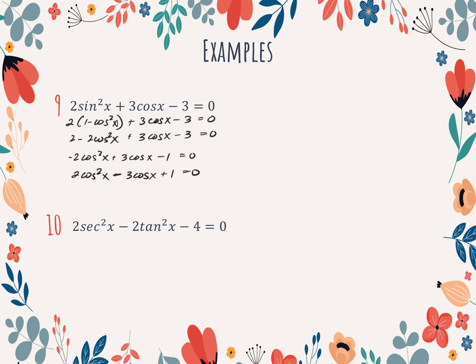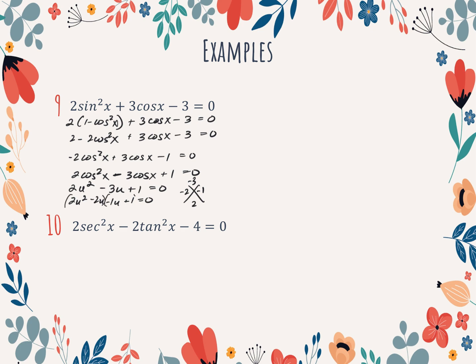And so again, now at this point, if you're more comfortable, you can do the whole u squared minus 3u plus 1. I know that my product is 2, my sum is negative 3, so minus 2 minus 1. And so now I'm going to expand this out. 2u squared minus 2u minus 1u plus 1 equals 0.